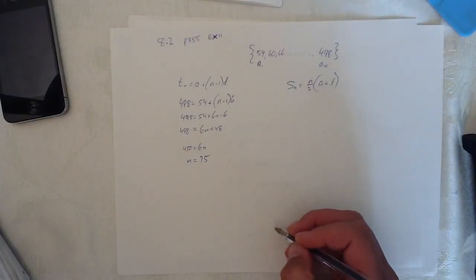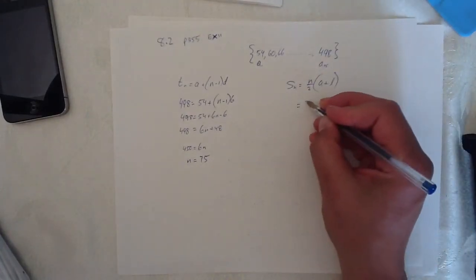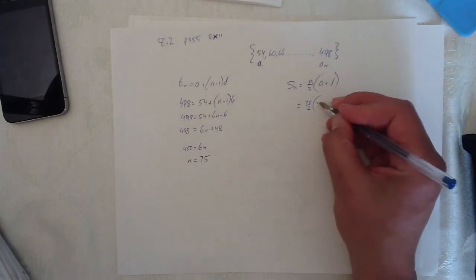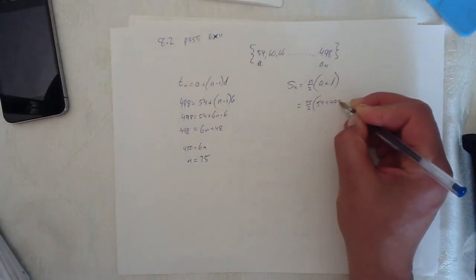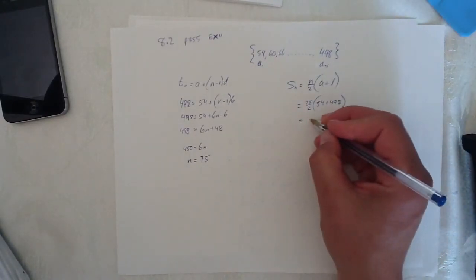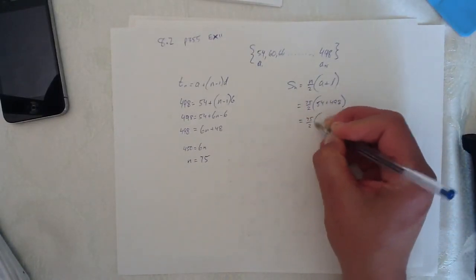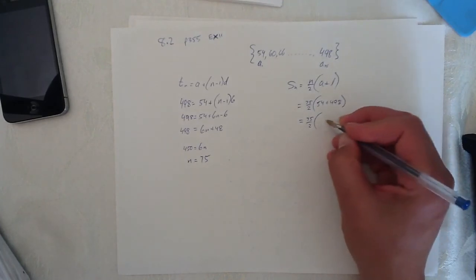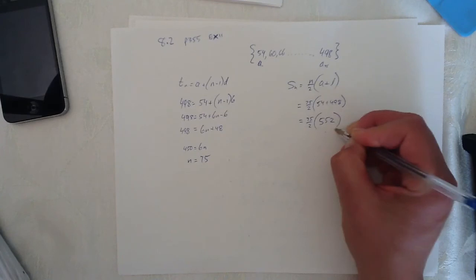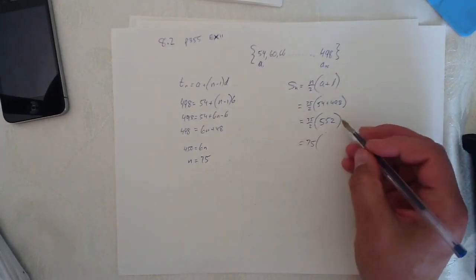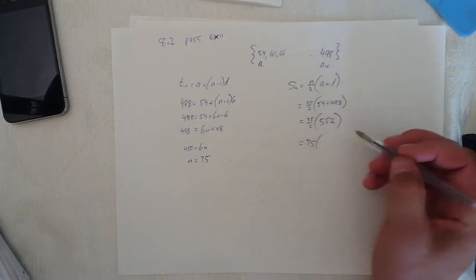to determine the sum. And the sum then equals 75 over 2 times 54 plus 498, which equals 75 over 2 times 552, which equals 75 times, I'm just dividing this by 2 instead of the 75.